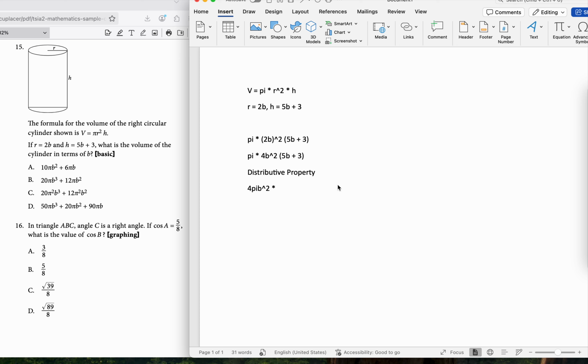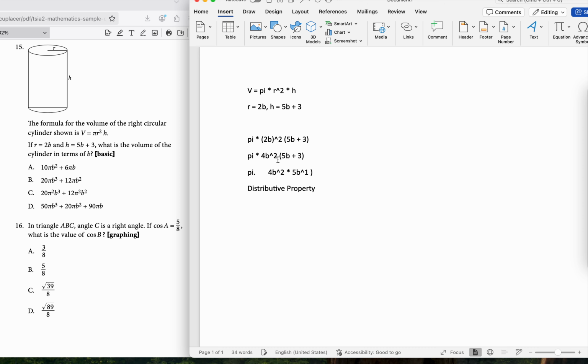times, so to not be burdened by that, I would say leave the pi out for a second. So let's forget the pi. Kind of leave it off to the side. You have 4b squared times 5b, and that b's to the first power.